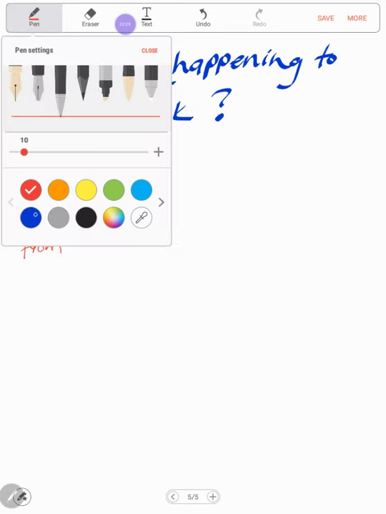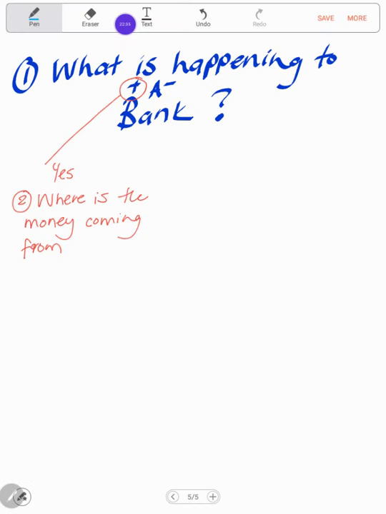All right. If your bank is decreasing, ask yourself, where did the money go to? Basically, who did you pay? Okay, so those are the 3 questions that you are asking yourself.